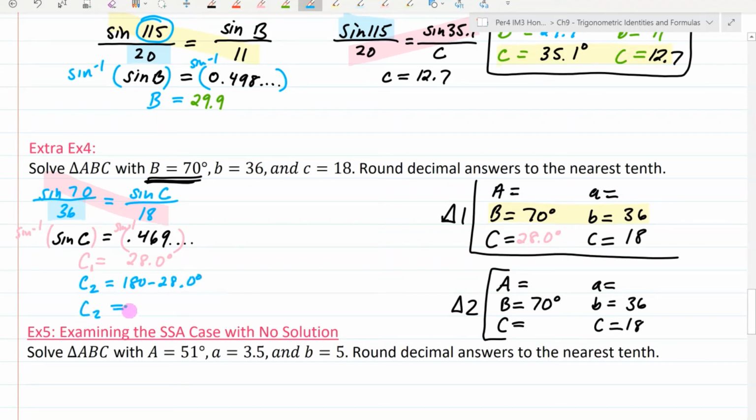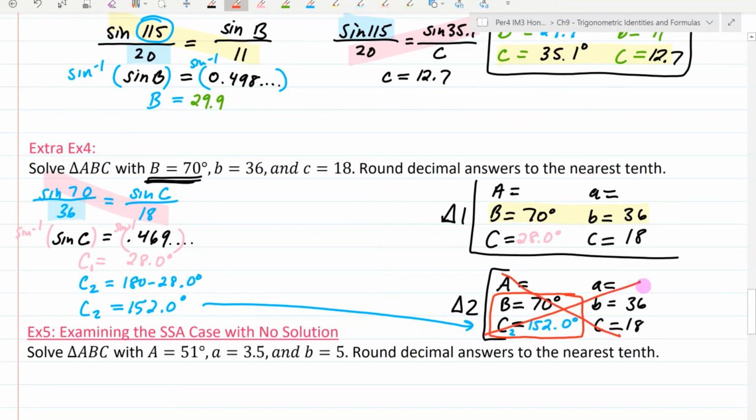So C2 will be 152.0 degrees. The reason I know that I don't have a second triangle is because these two angles are over 180 degrees. That means that it's impossible to get angle A. You cannot have a triangle that has more than 180 degrees, so there is no second triangle, okay?